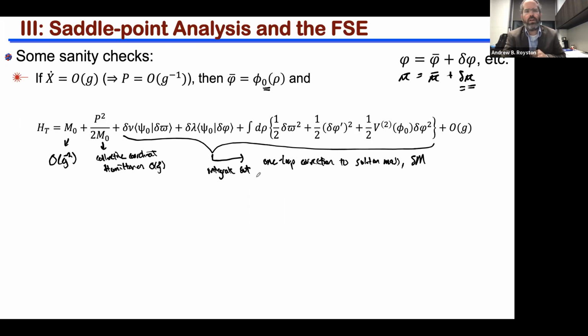But because of our assumption about the order g behavior, they're suppressed relative to the terms I've displayed. That's the primary reason for tying the adiabatic small parameter, the velocity, to g, the semiclassical expansion parameter. So tadpoles are contained in this approximation.